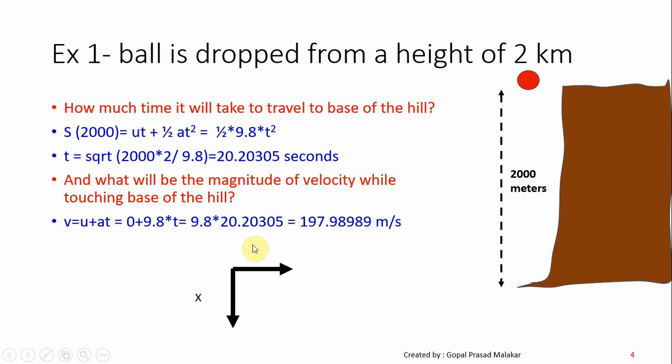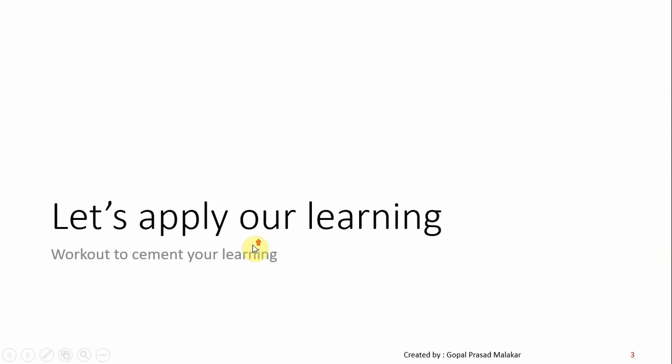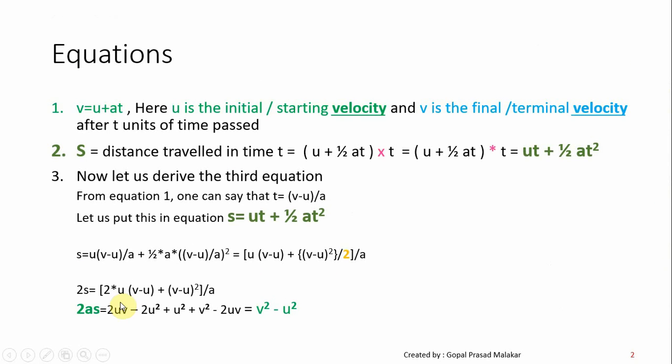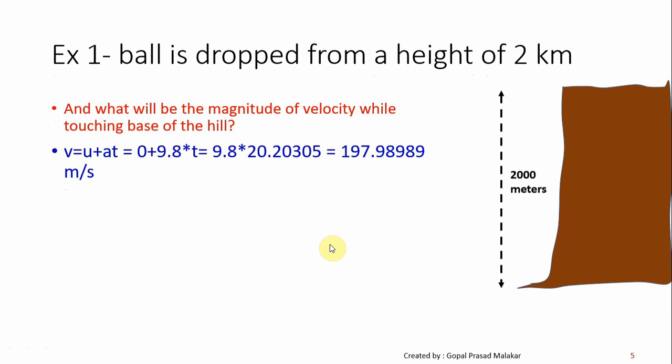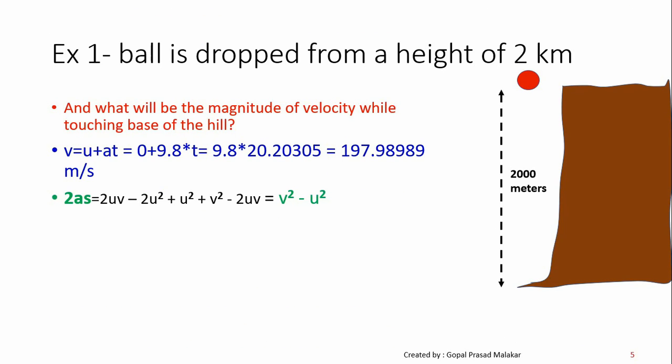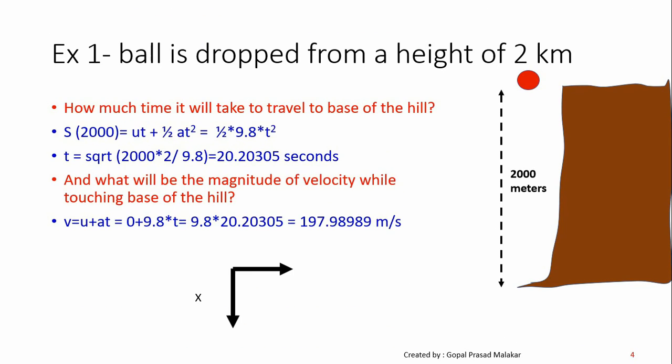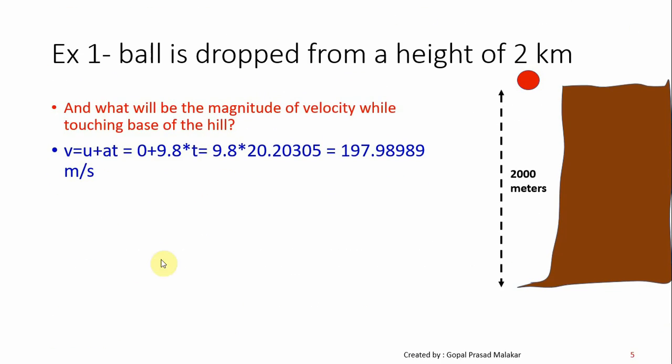But using the equation that you just learned, v square minus u square equal to 2as, you can solve it in one go. So let me prove it to you. In this earlier approach, you first got the t and then you got the final terminal velocity v. Now let's apply the concept and see if we can get it in one go.